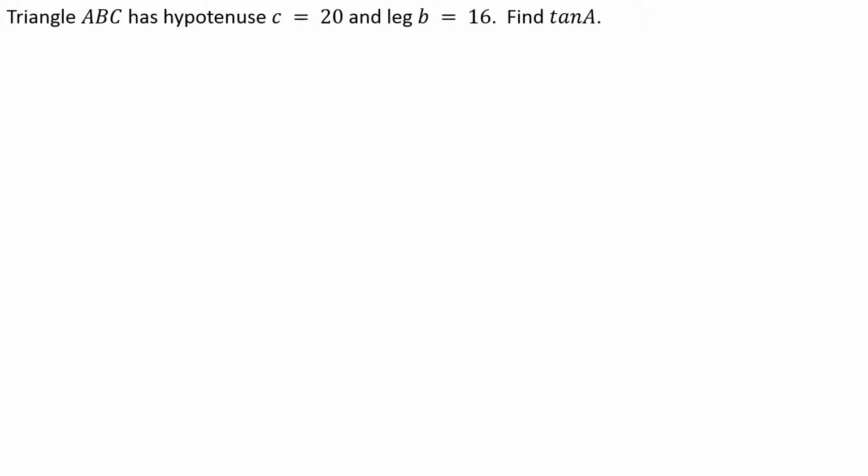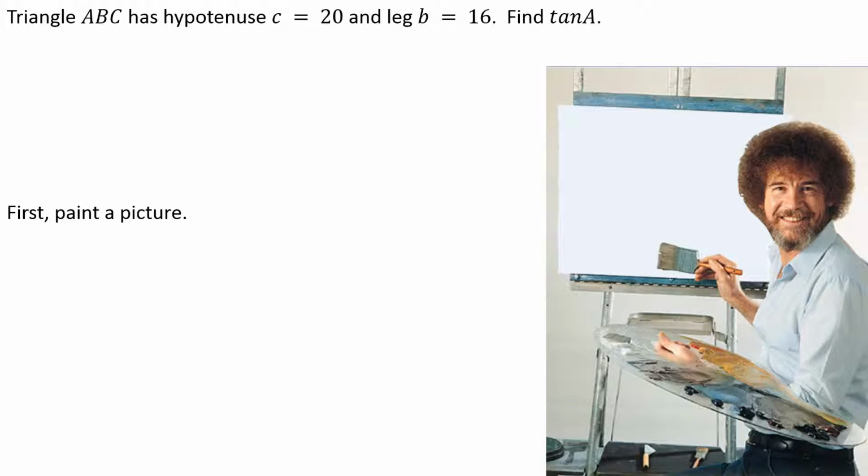All right. Triangle ABC has hypotenuse C equals 20 and leg B equals 16. Find tangent A. I wonder what I should do first. Paint a picture, of course.